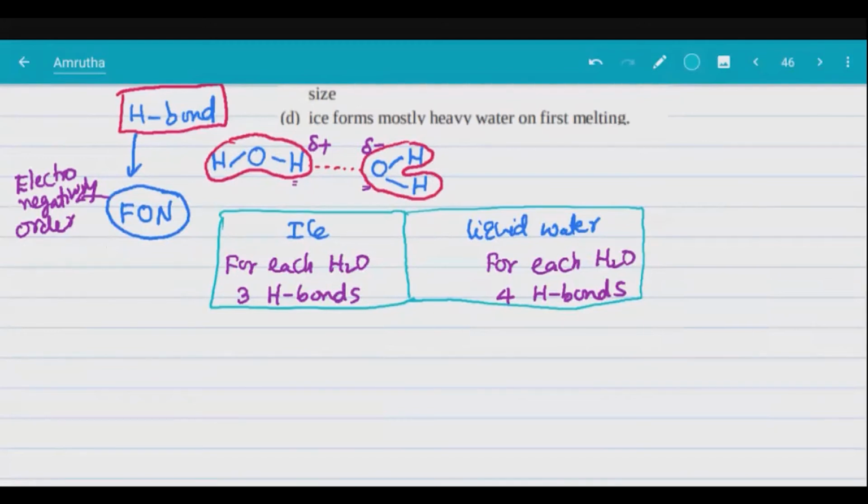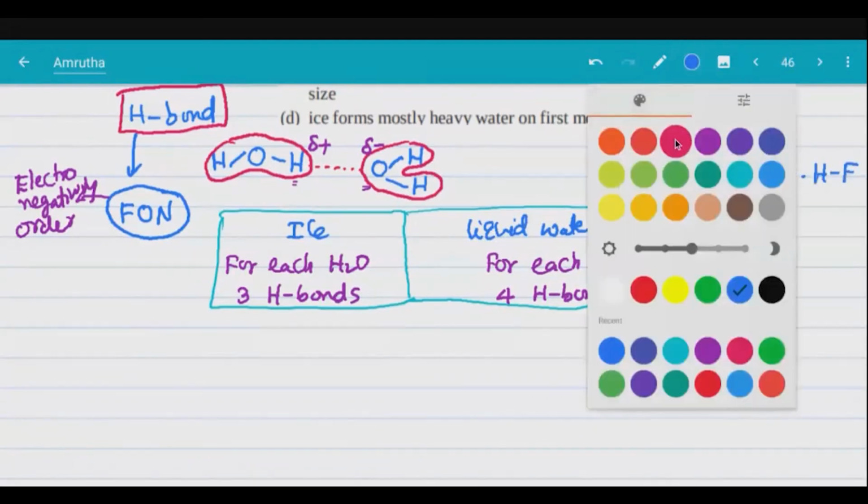Yes, Samriddhi, H is directly attached to fluorine. Okay. Fluorine of other molecule or fluorine of other part of molecule. See, if I write this HF and there is HF.